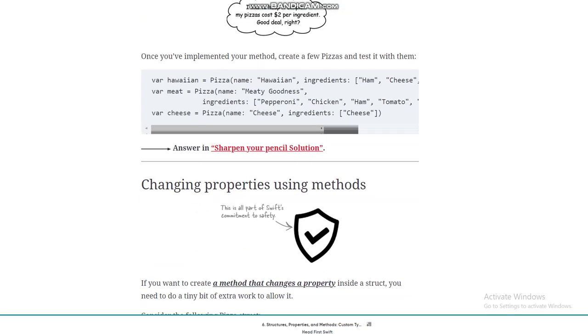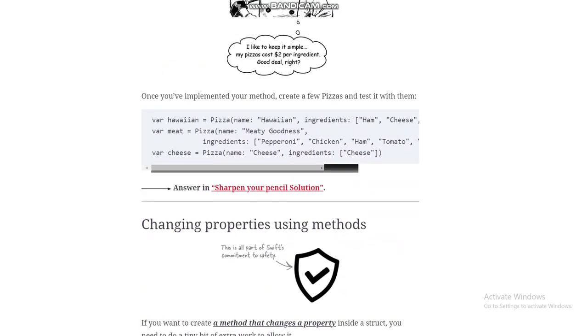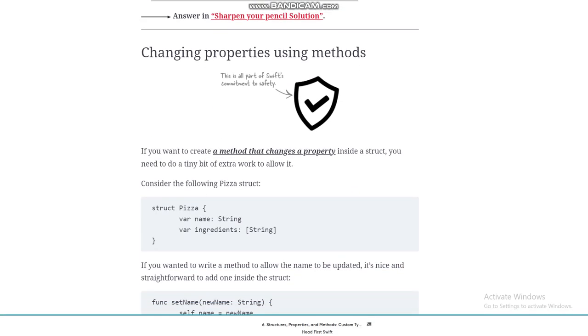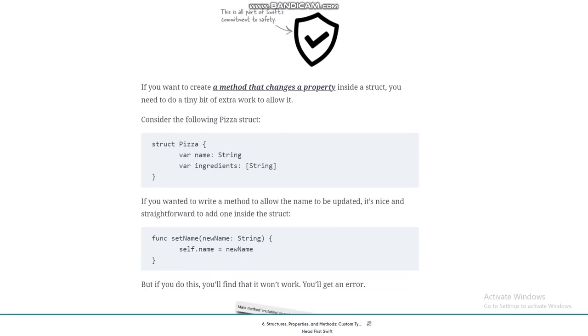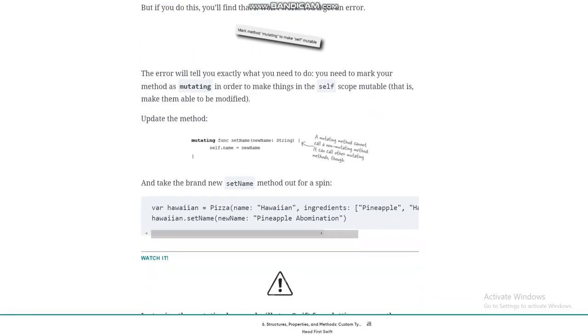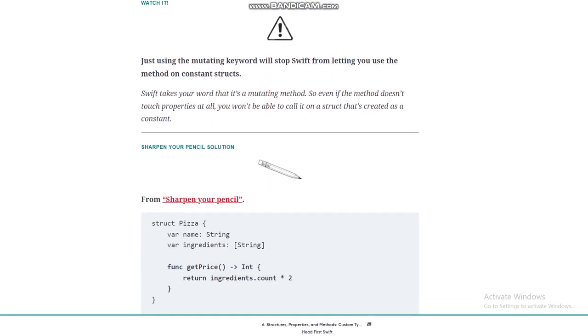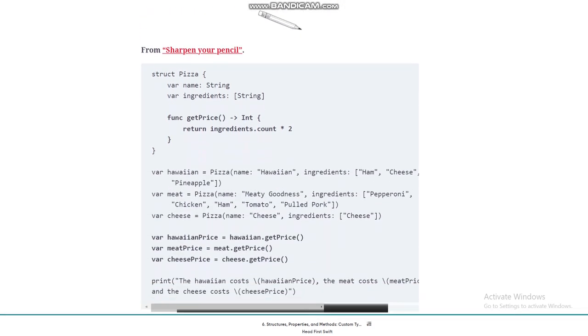So you have the function, if you want to add it, no problem. Let's talk about changing properties. We have the function here, and we also have the struct, right? And you also have the option of mutating. We can set that in case you want to mutate the information.